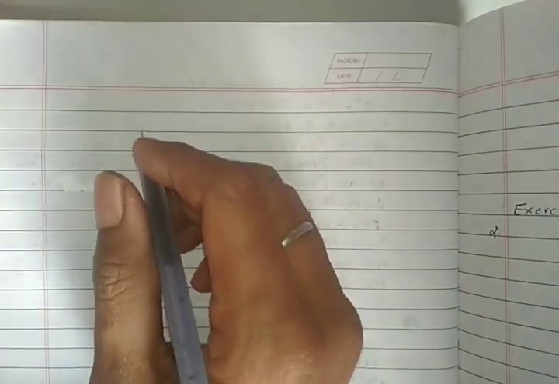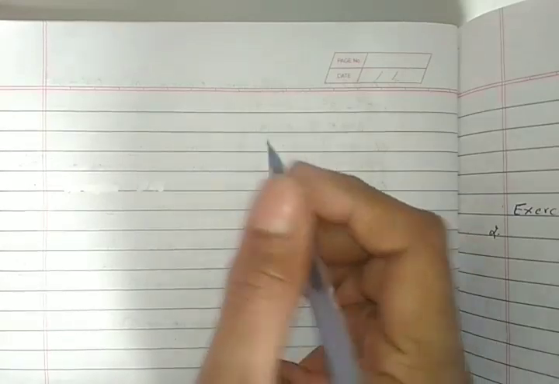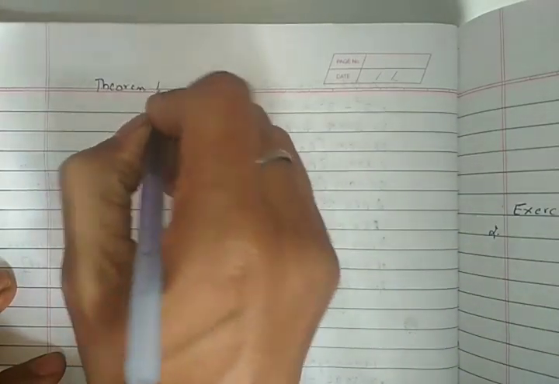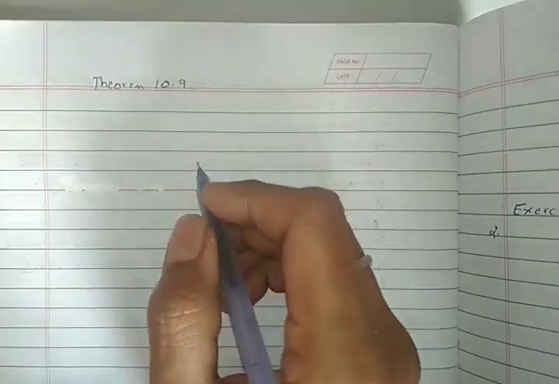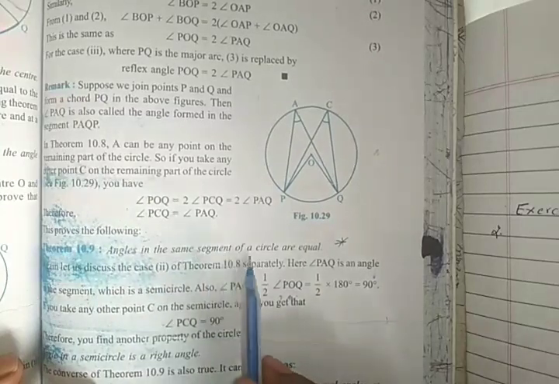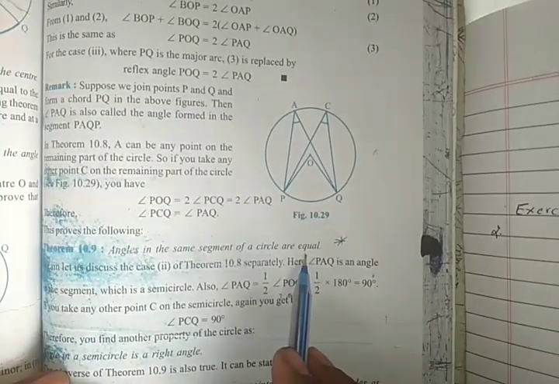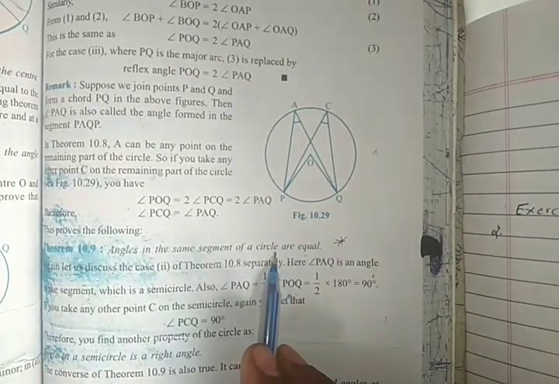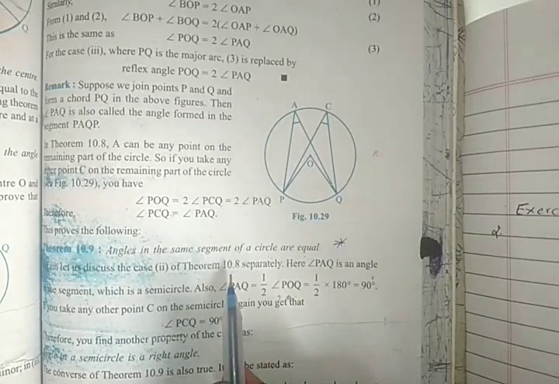Now let's try to solve theorem 10.9. It says that angles in the same segment of a circle are equal. First we will draw that circle and I will explain you later.